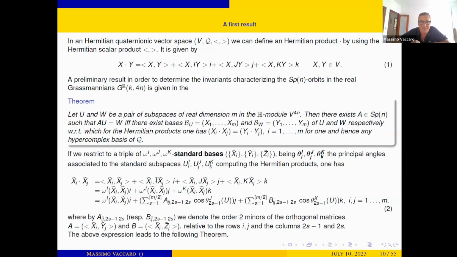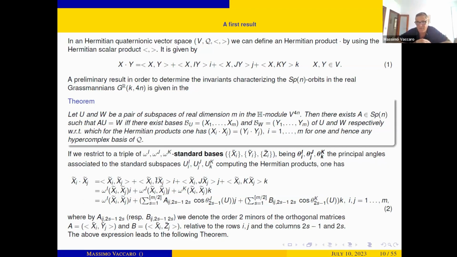We say that a pair of subspaces U and W of the same real dimension m in the H-module of dimension 4n are in the same orbit, that is, there exists some A in Sp(n) such that A applied to U goes to W, if there exist bases x1, ..., xm and y1, ..., ym of U and W with respect to which the Hermitian matrices are the same. That is, xi dot xj equals yi dot yj.